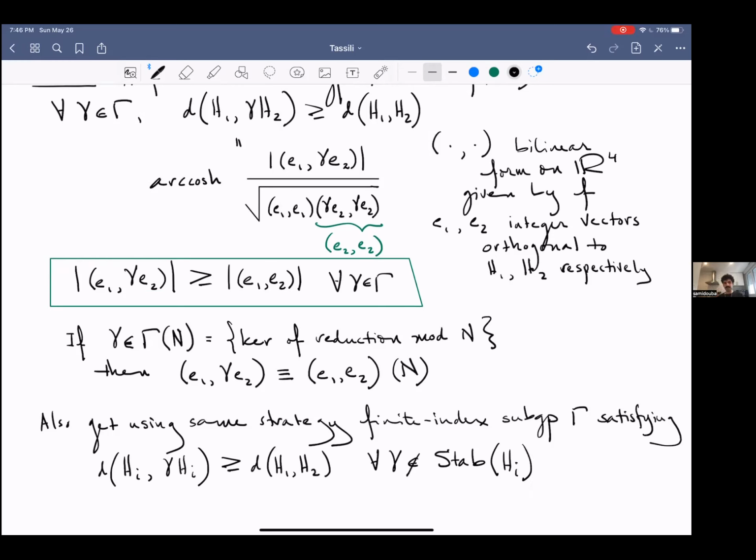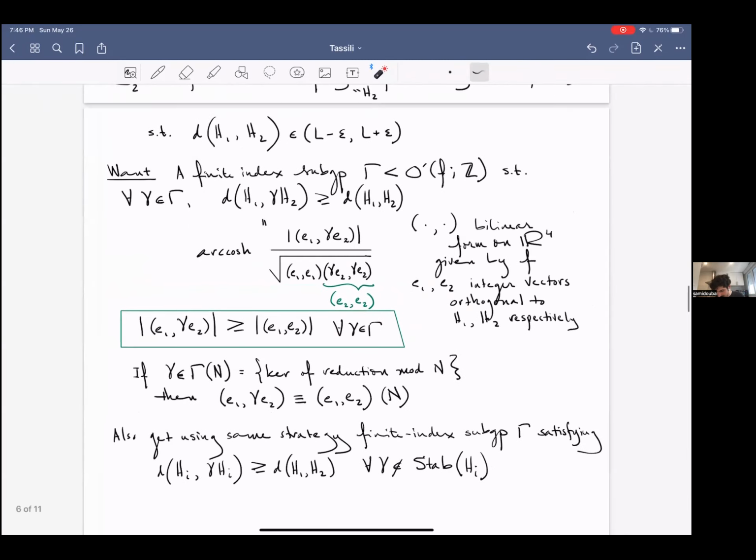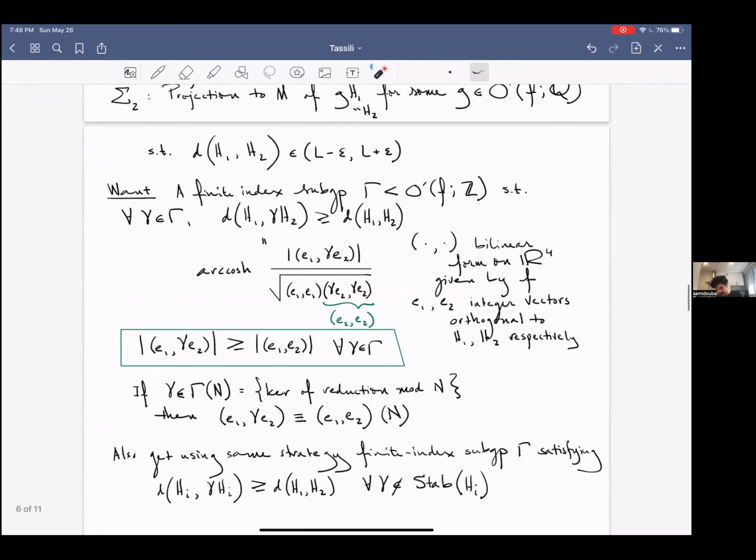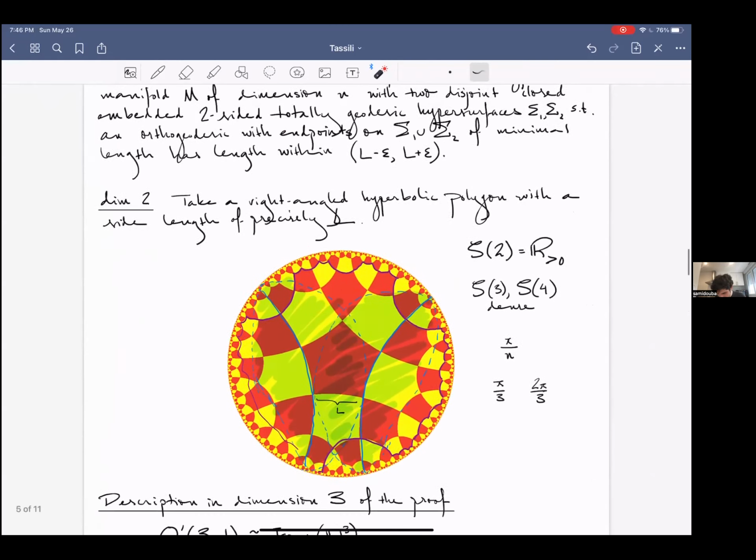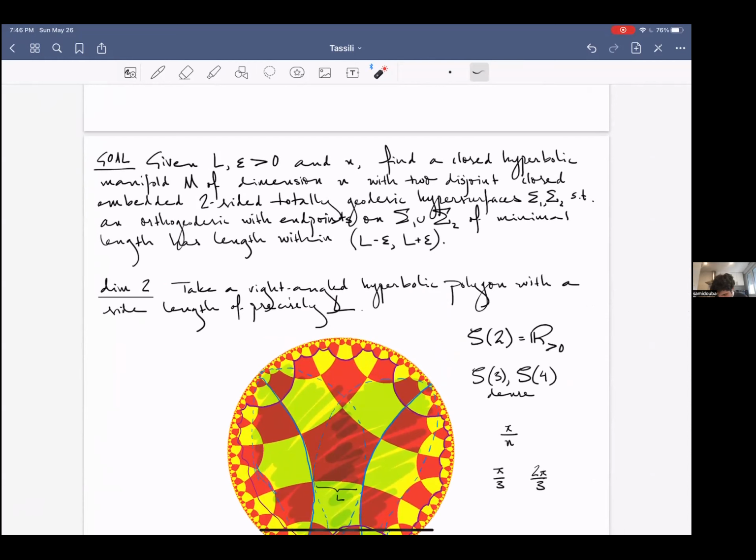It's just a game of picking this capital N large enough. So you can find a congruent subgroup. Basically the point of this argument is that you can very explicitly see that you can find a congruent subgroup of this initial arithmetic manifold that we have, once we fix these two hypersurfaces, that has the desired properties.